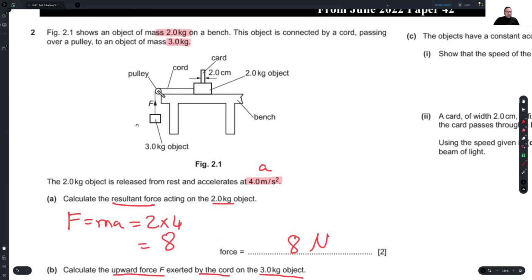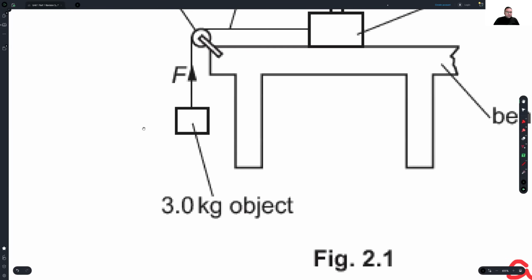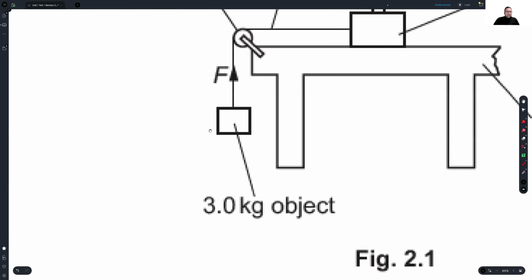Here's the thing. If I zoom in and I look at that 3 kilogram object, there are 2 forces acting on this object. The weight of the object, which is mg, because W equals mg, we're using something we learned earlier.